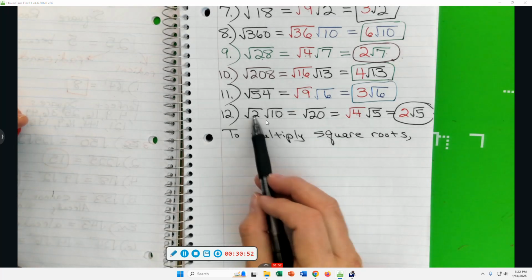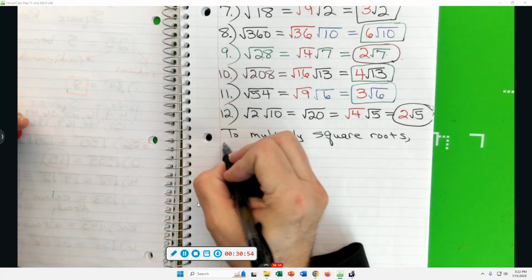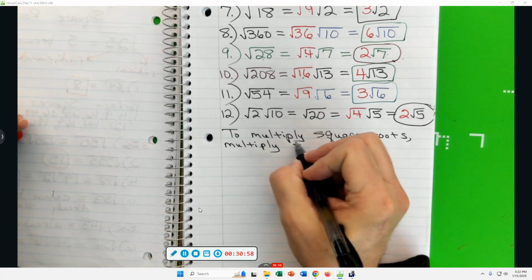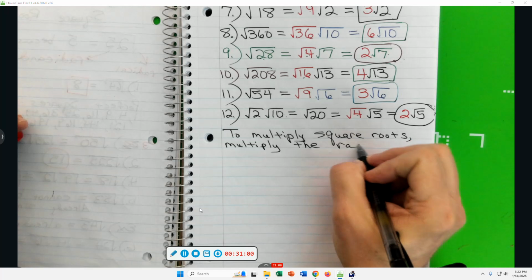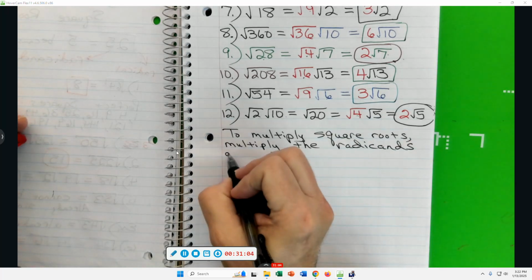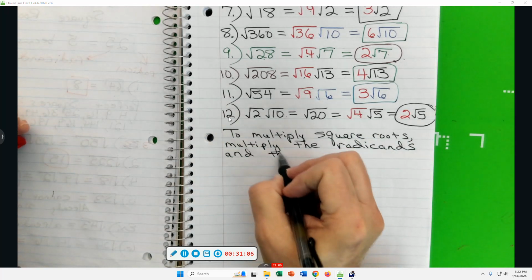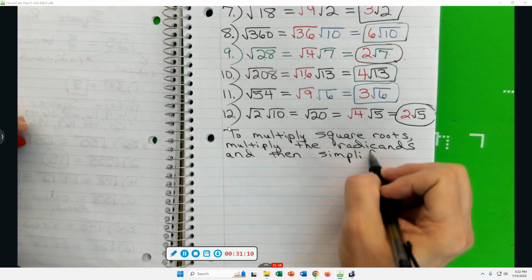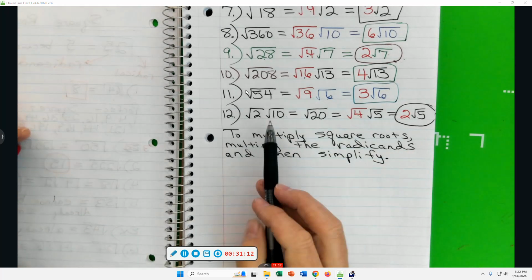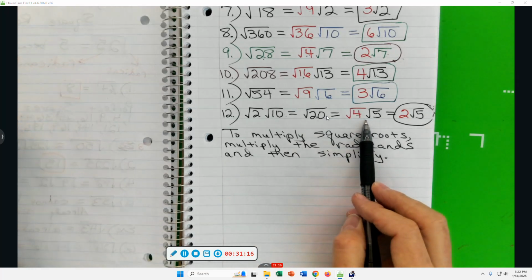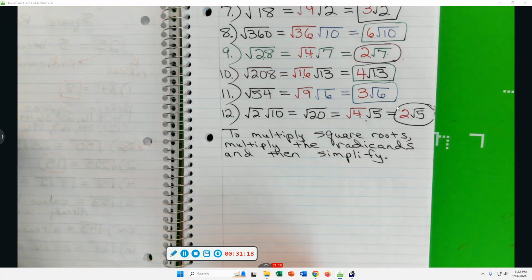It's just the stuff that's under the radical. Multiply the radicands, and then simplify, like we did on problems 3 through 11. Any questions there on our logic?